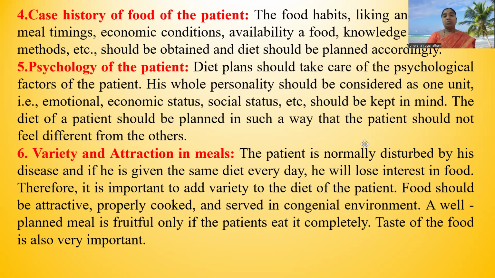His whole personality should be considered as one unit. His emotional, economic status, social status, etc. should be kept in mind while planning a diet. The diet of the patient should be planned in such a way that the patient should not feel different from others.